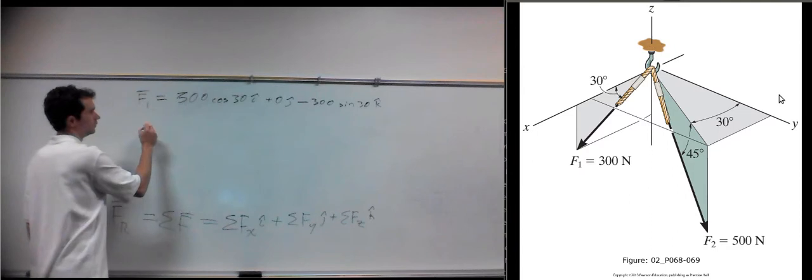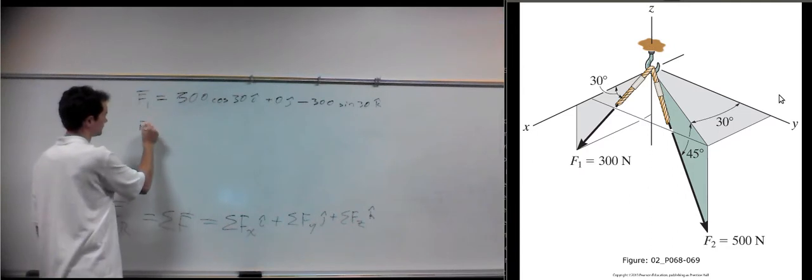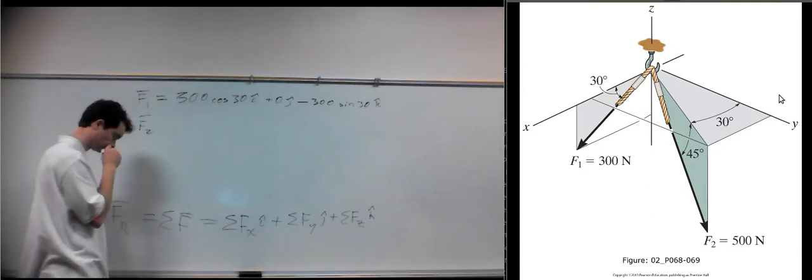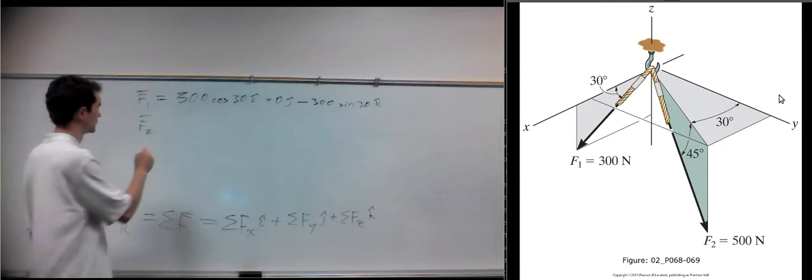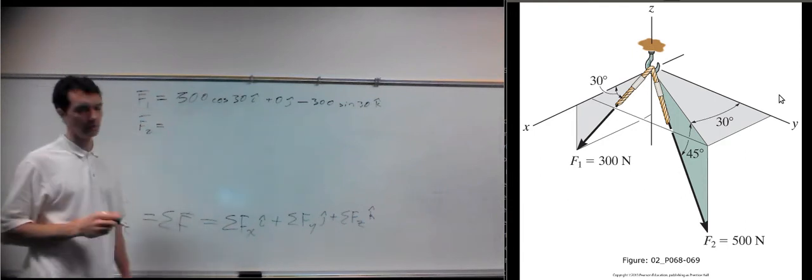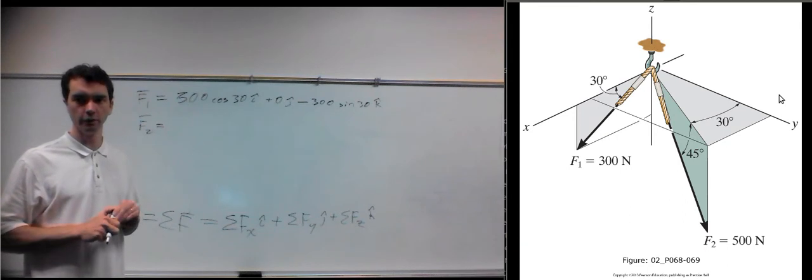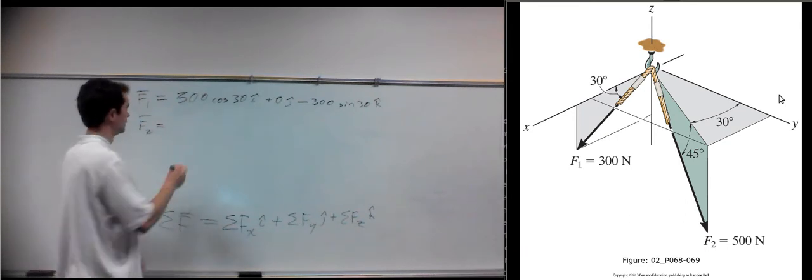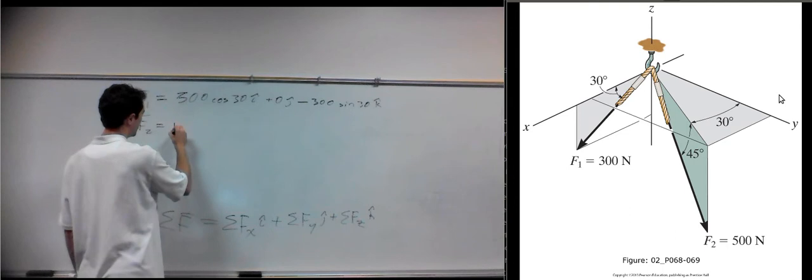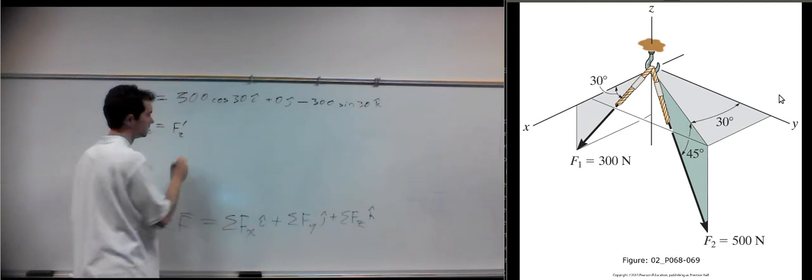So the vector F2 is, the x component is the magnitude F2 prime.